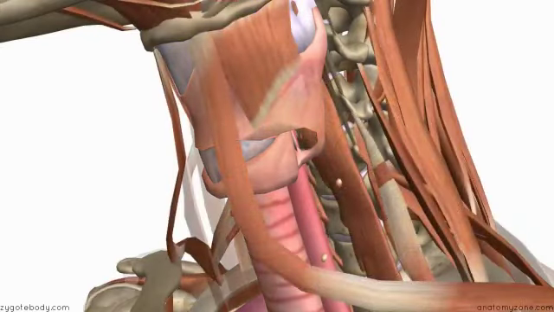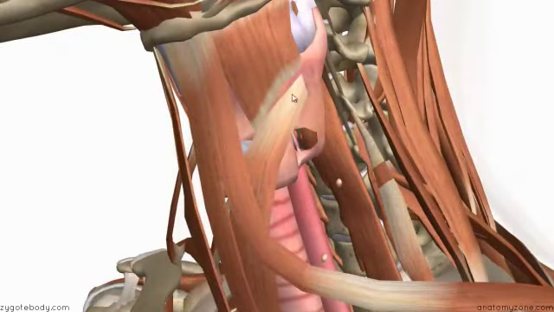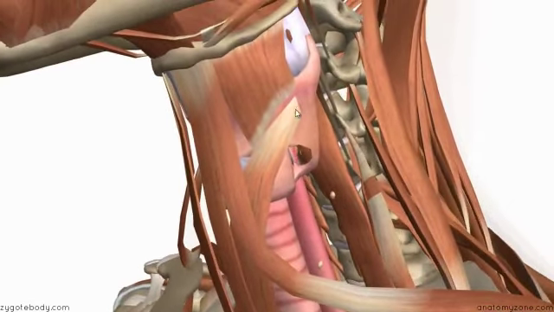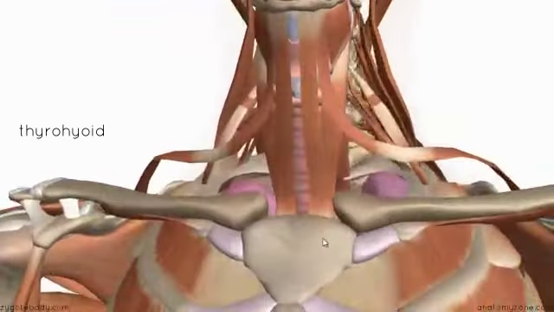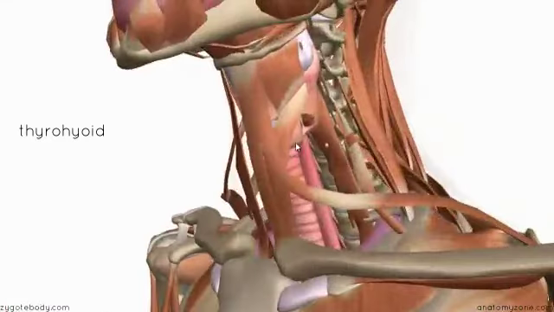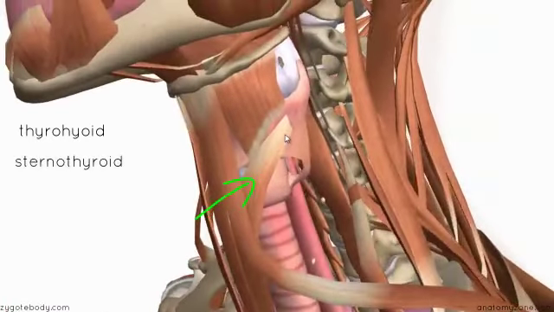So if I just bring in the muscle layer, you can see some muscles that have appeared here. So the three muscles are thyrohyoid muscle, so you've got the muscle connecting the hyoid bone to the thyroid cartilage, and then you've got a muscle connecting the thyroid cartilage to the sternum. So this is called the sternothyroid muscle.